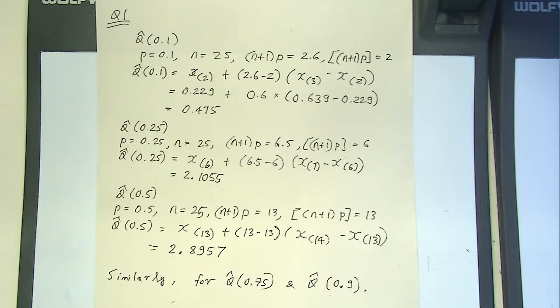So I'm guessing from here you want to check the difference between Q hat at 0.9 and Q hat at 0.5. That minus that is the same as that minus that.